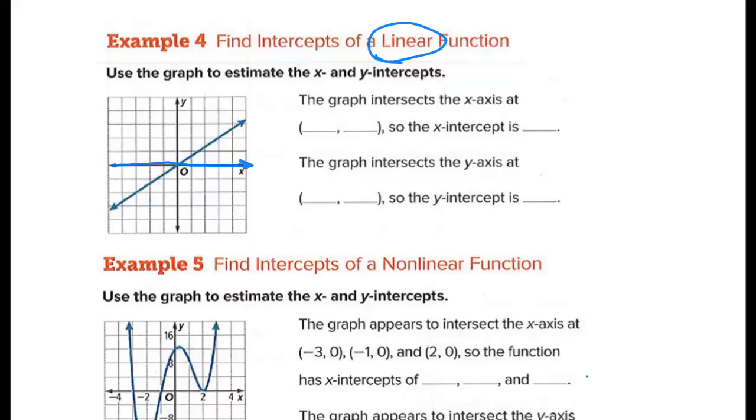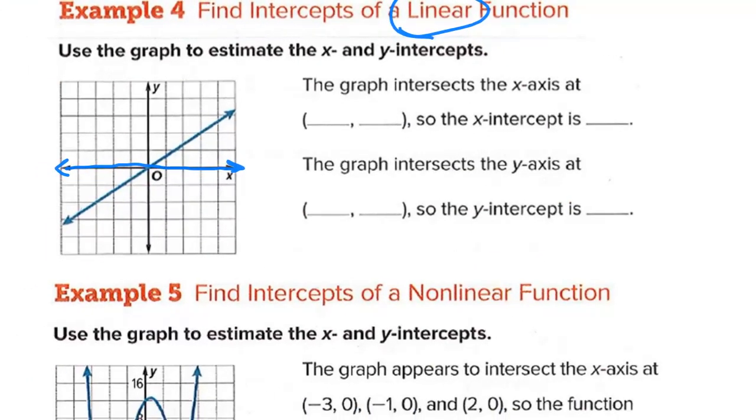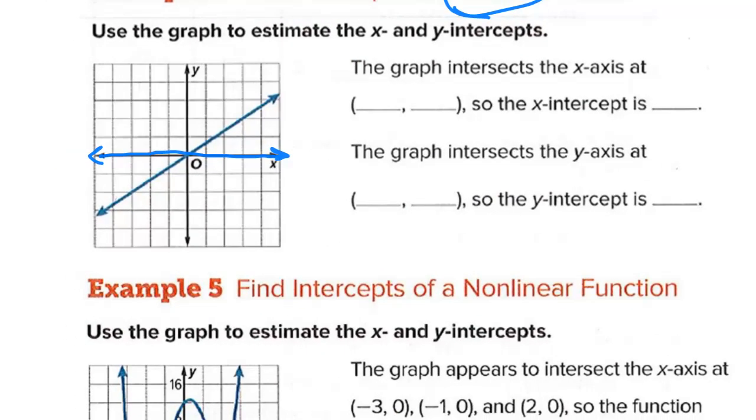So the graph intersects the x-axis. Here's my x-axis right here. At what point? 0, 0. What do we call the name of that point, 0, 0? The origin.